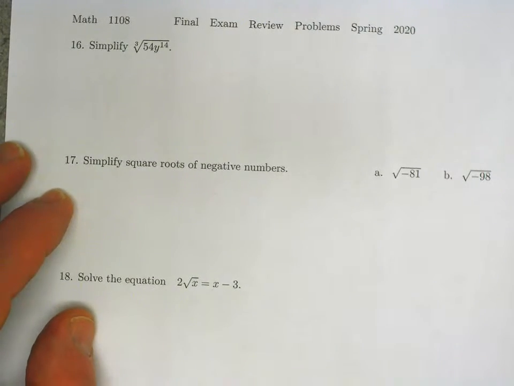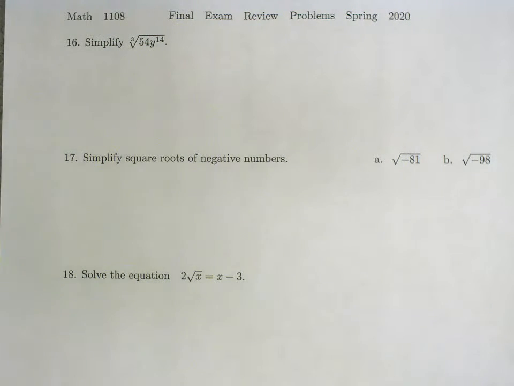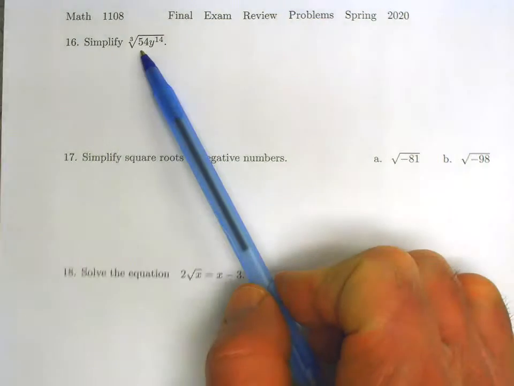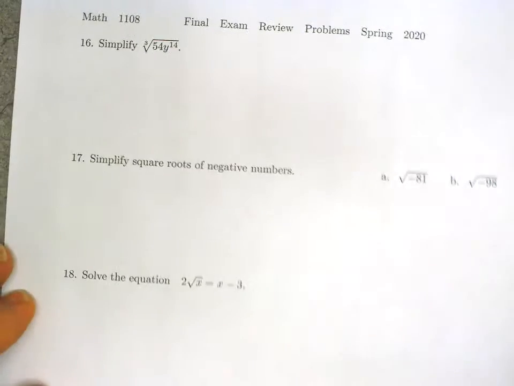Okay, next problem, number 16. Simplify the cube root of 54y to the 14th. Okay, so we want to find factors of 54y to the 14th that are perfect cubes.